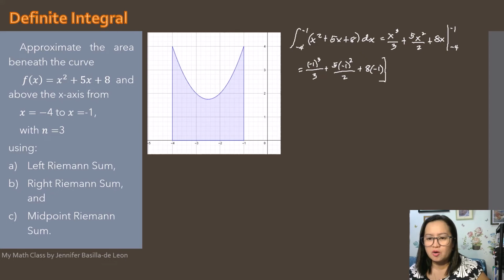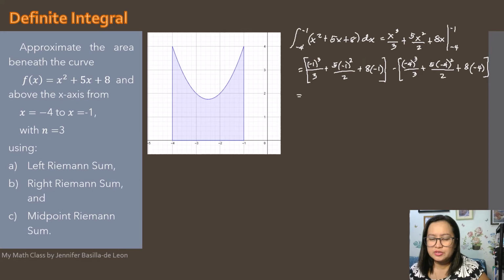This will be our minuend. And then the subtrahend, we shall evaluate the antiderivative of the given function at x equals negative 4. So negative 4 raised to the third power over 3 plus 5 times negative 4 squared over 2 plus 8 times negative 4.